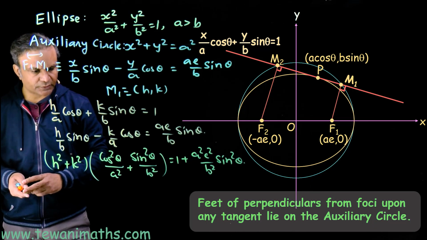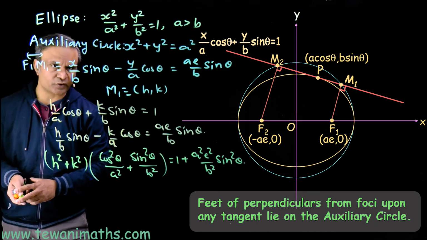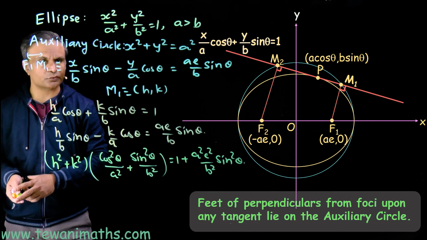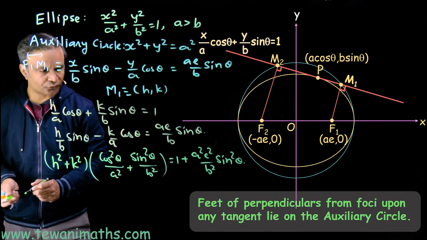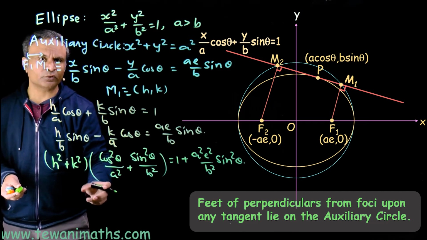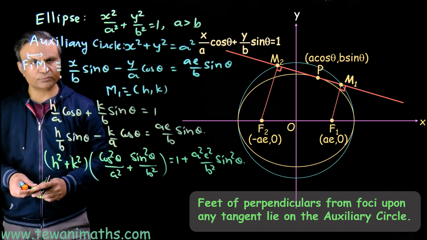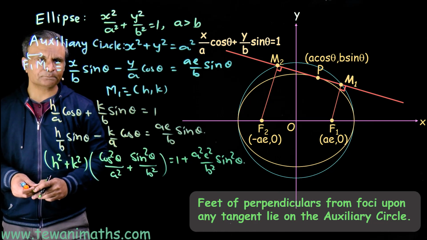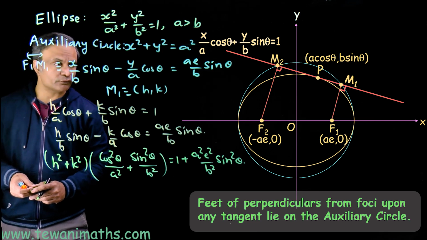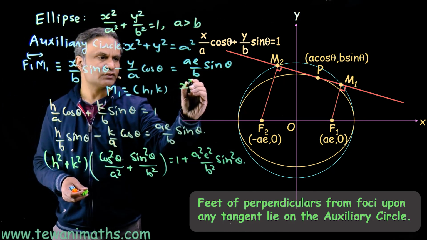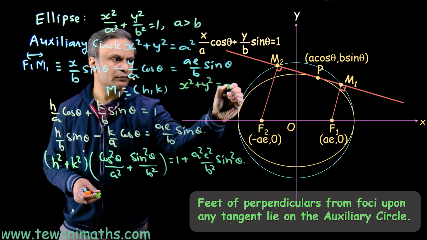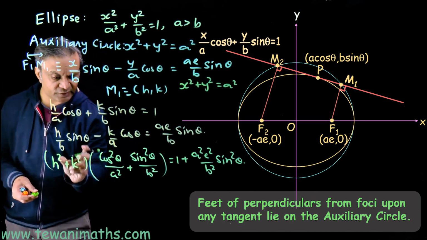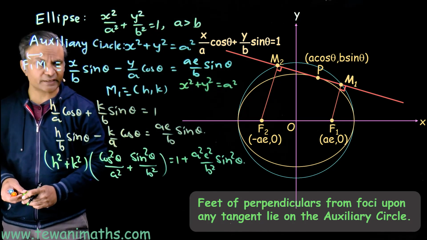On LHS, the coefficient of h square and coefficient of k square are same. Coefficient will be this cos square theta upon a square plus sin square theta upon b square. Now what is our target? The equation of locus must be x square plus y square is equal to a square. That means we must get here h square plus k square is equal to a square.